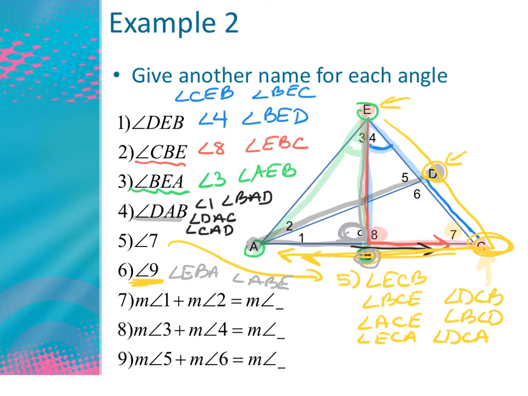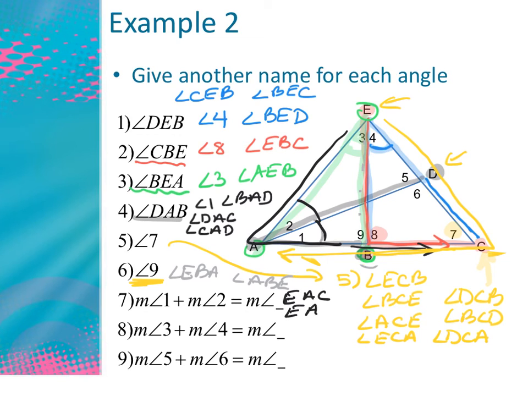Let me see if I can erase some of this stuff. All right, so angles 1 and 2 together. Angle 1 plus angle 2 makes this big angle. So you would say that this is angle EAC, or you could also say it's EAB, or in reverse of either of those.